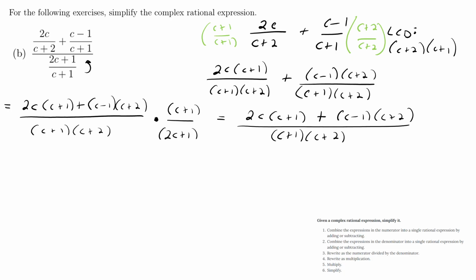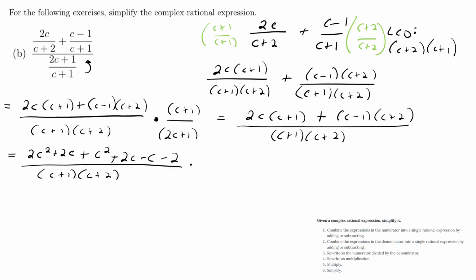Okay, so remember when we multiply straight across. But let's see if we can simplify anything, see if that's going to help us at all. Let's see. This is going to be what? 2c squared plus 2c plus c squared plus 2c minus c minus 2. I still have this over c plus 1 and c plus 2.